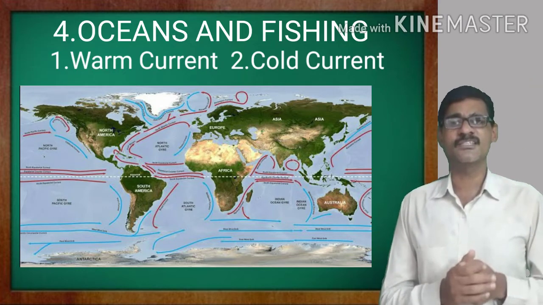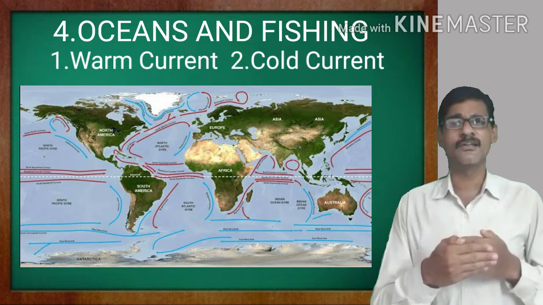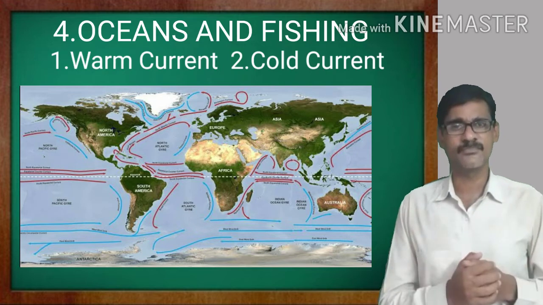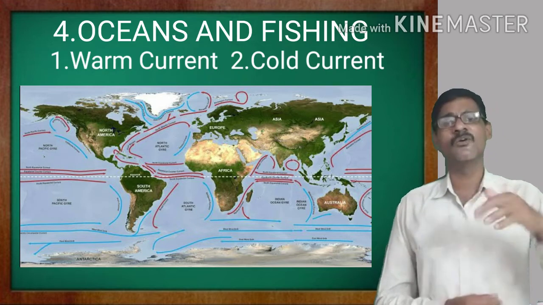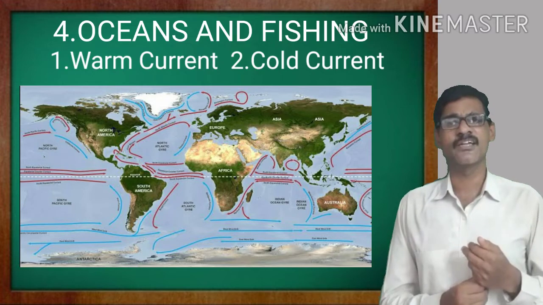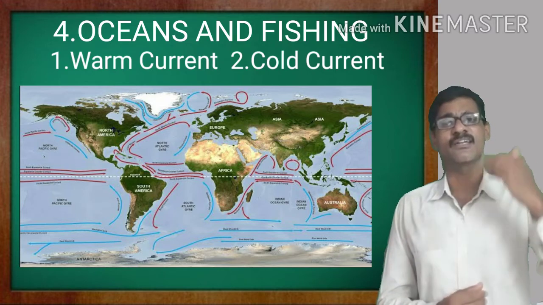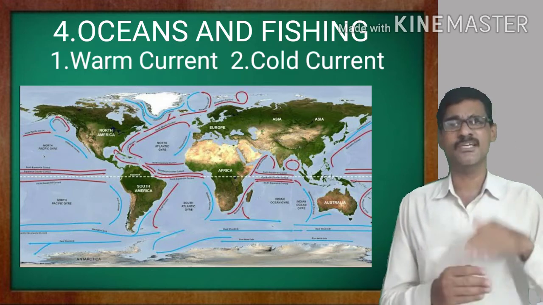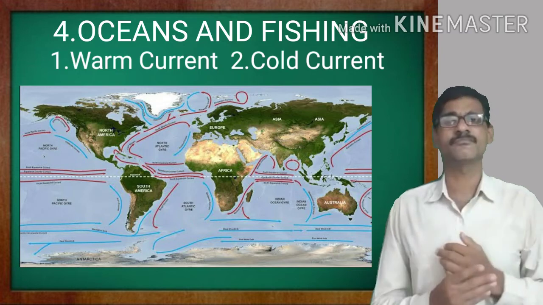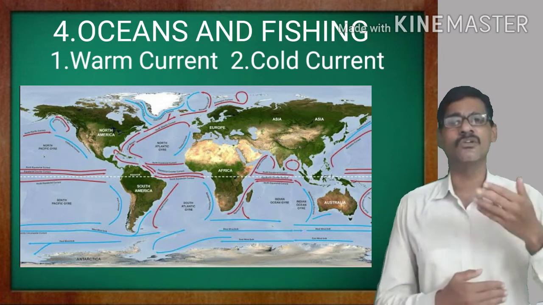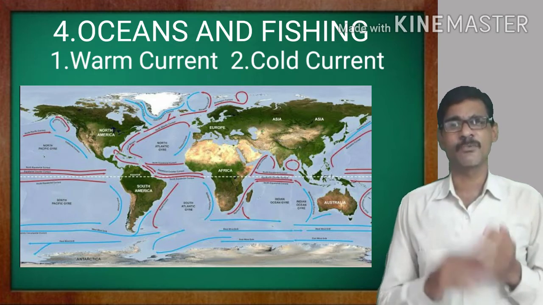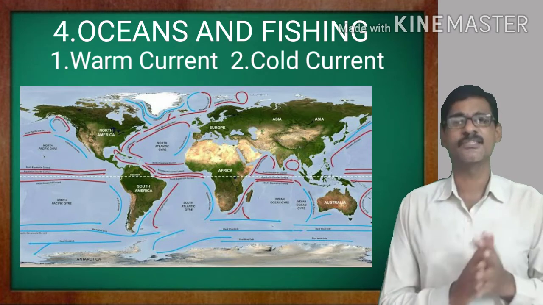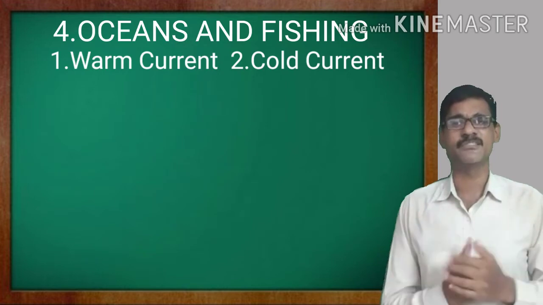So the currents flowing from the equatorial region to the polar region are called warm currents. And the cold currents: the polar regions are very cold, so the water in that region moves from the polar regions towards the equatorial region. They are called the cold currents. Due to warm currents and cold currents, we have so many benefits.